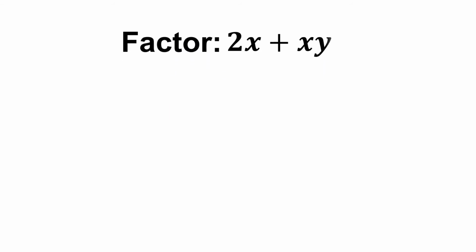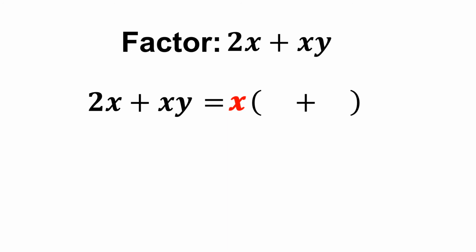Let's discuss our first example. In the expression 2x plus xy, the monomial x is common among the terms 2x and xy. Let's factor this out. Since the given polynomial is a binomial, the other factor must be a binomial too.